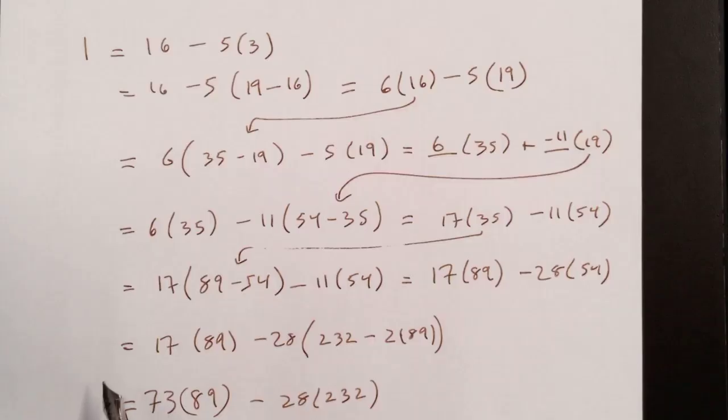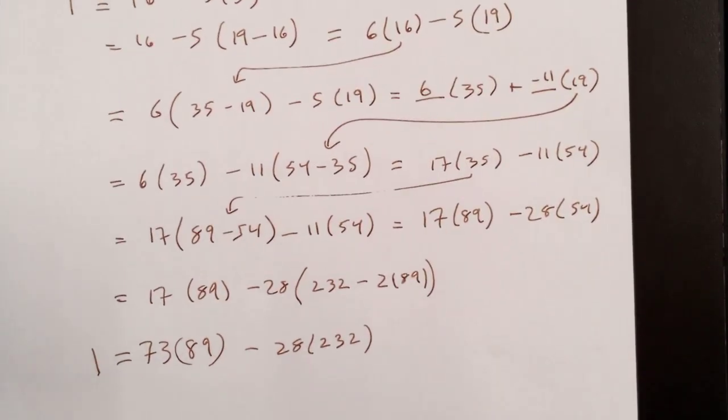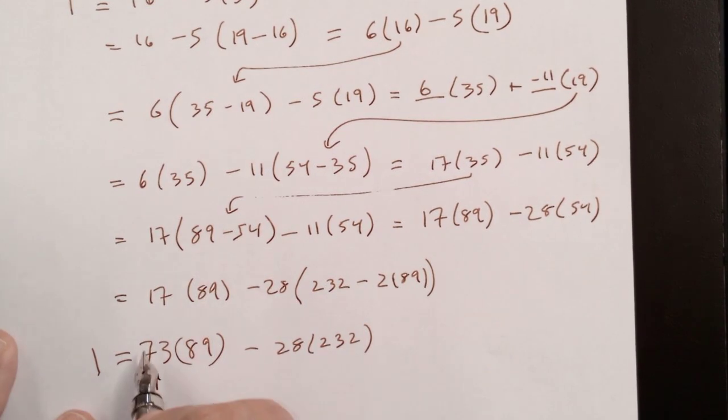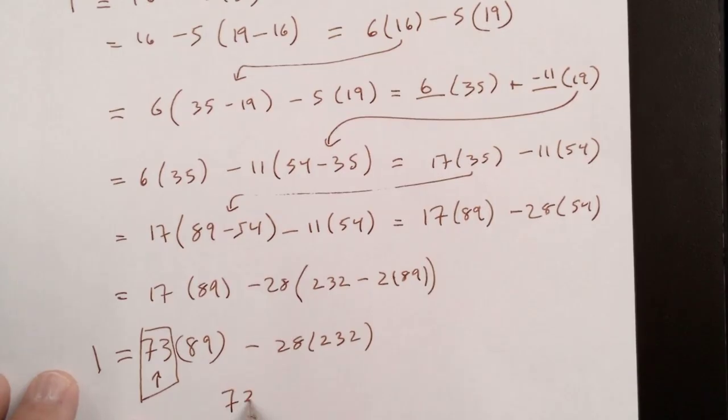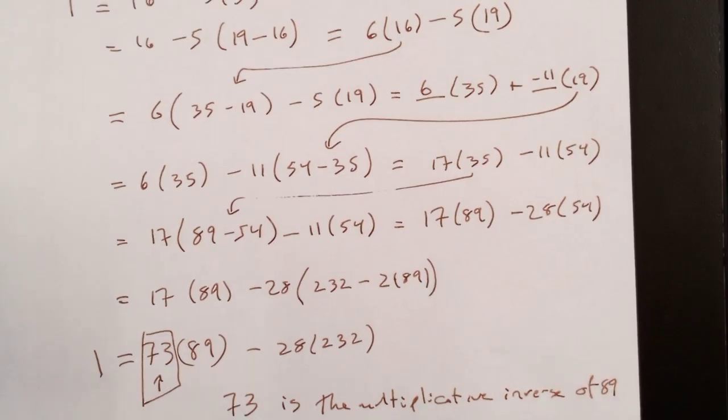The other side of this equation is a 1, right? 1 equals number times 89 minus number times 232. That number, that's my multiplicative inverse. 73 is the multiplicative inverse of 89 mod 232.